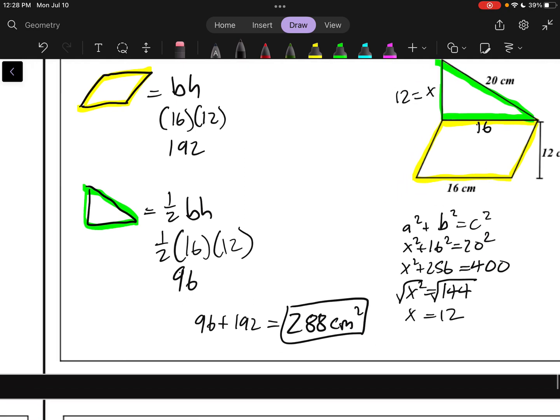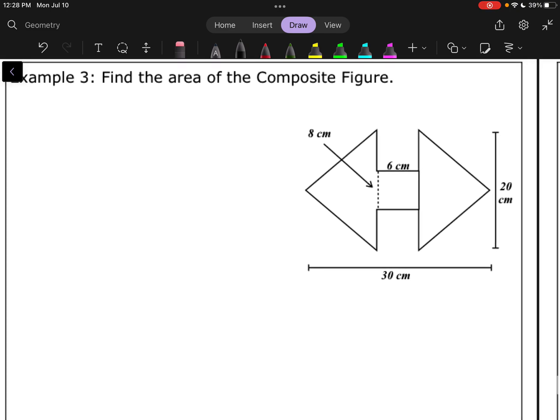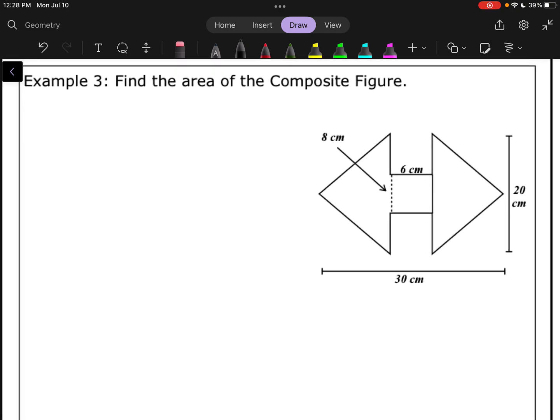All right, going to the inside. What do we have here? We got something pretty wacky looking here, don't we? So it looks like we got these two triangles with kind of a square or a rectangle looking thing in the middle. I'm just going to go ahead and start off with the little rectangle in here.